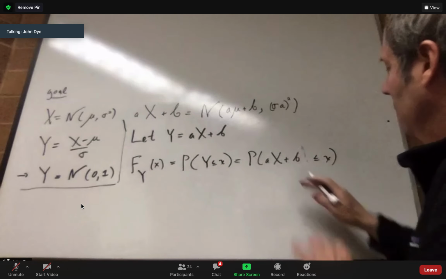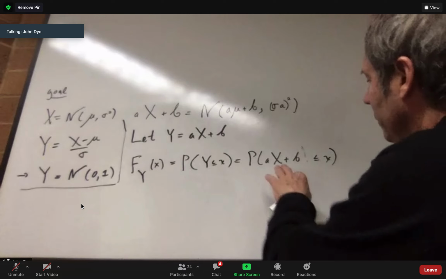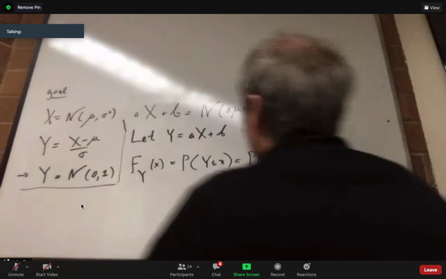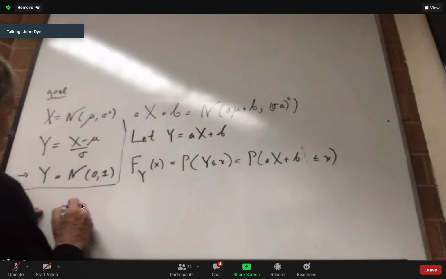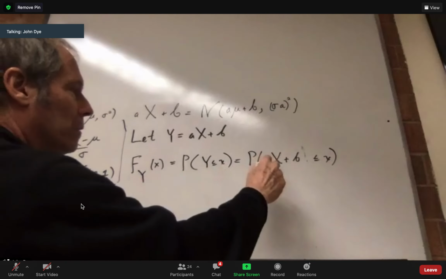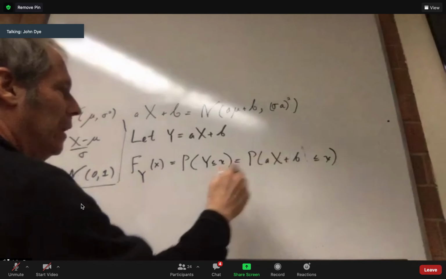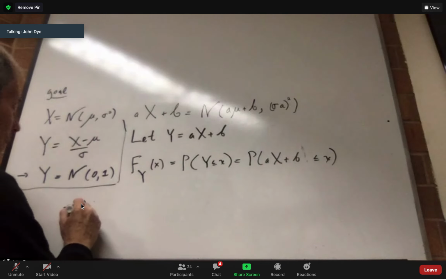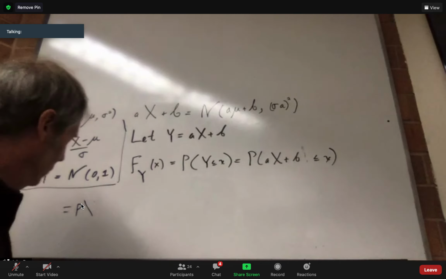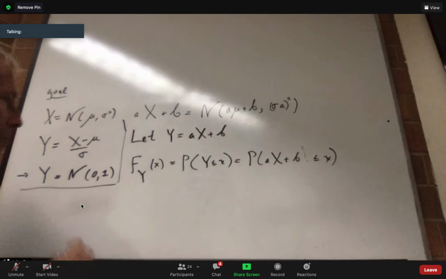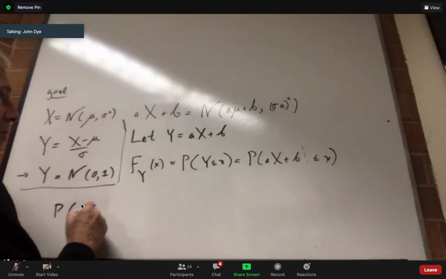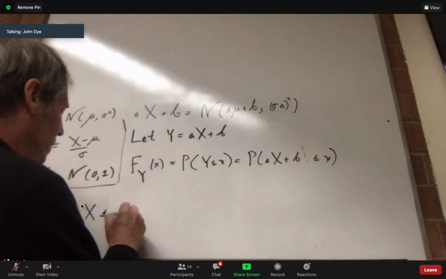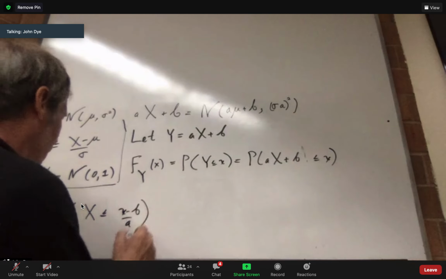Let's fiddle with that. Now we can rephrase this back into an expression involving the regular normal density. Solving aX plus b less than or equal to x is the same as saying the probability that X is less than or equal to x minus b over a.